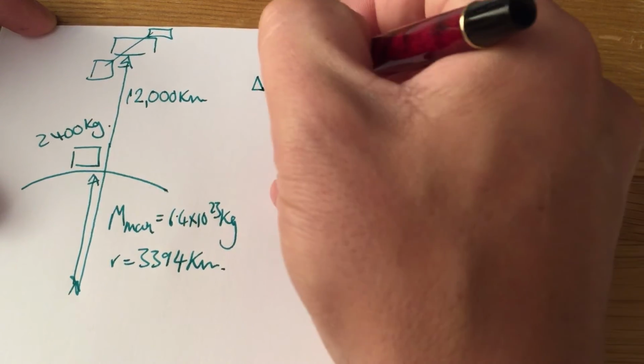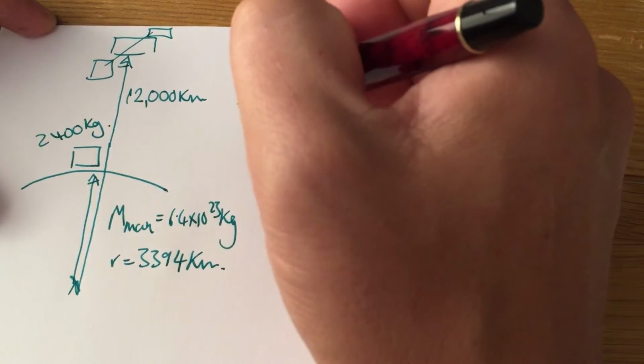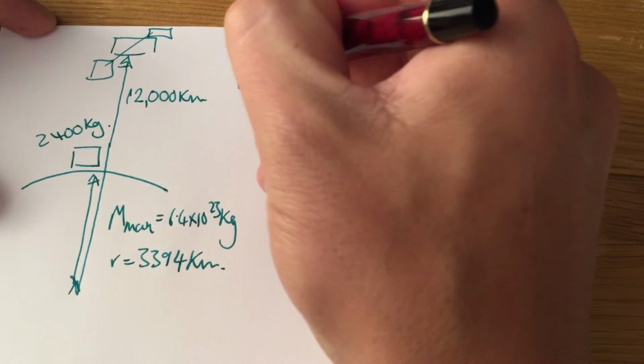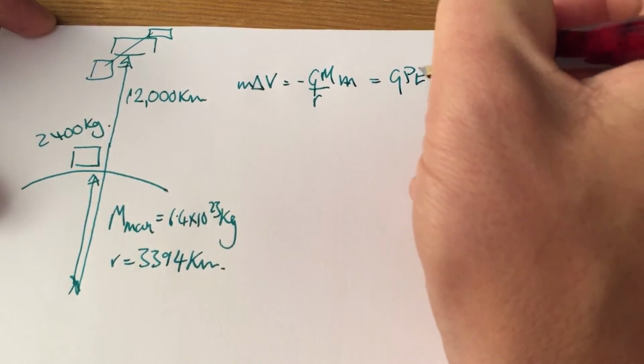Okay, first of all, I want the change of potential, which is minus Gm over R. And then I'll want the gravitational potential energy, GPE. So why don't I bolt it all together?